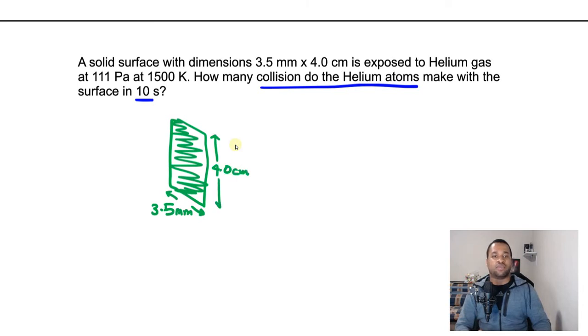We need to make the units equal, not only for the dimensions but also for the area. Therefore, our area will be in meters squared when you determine that combination.